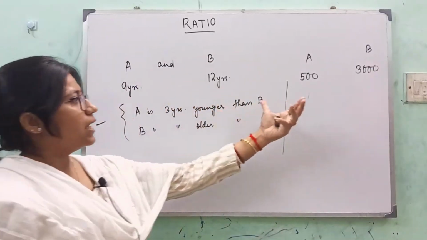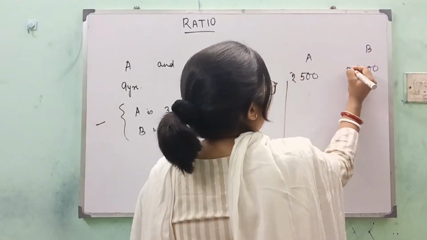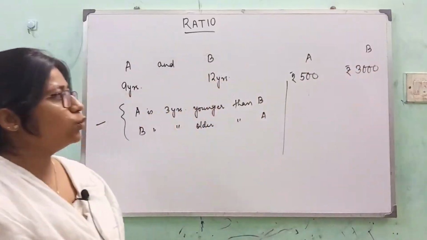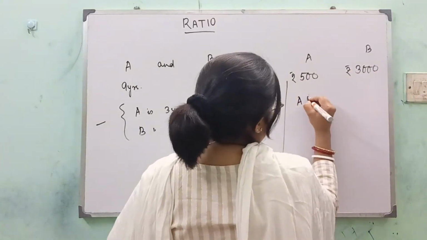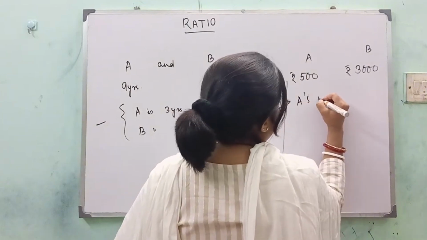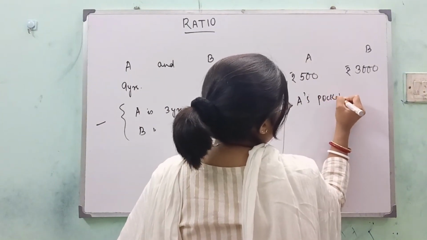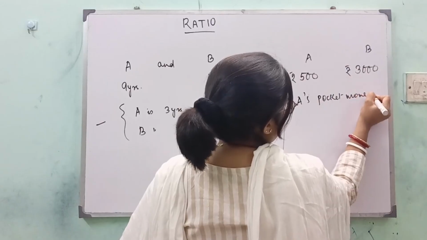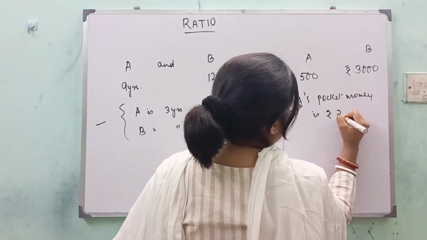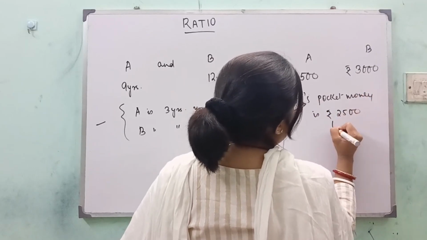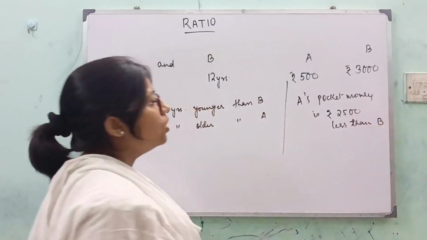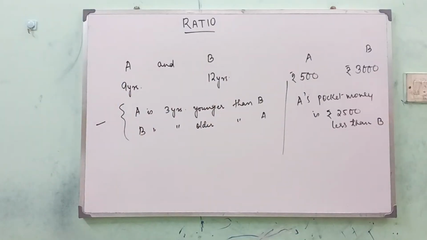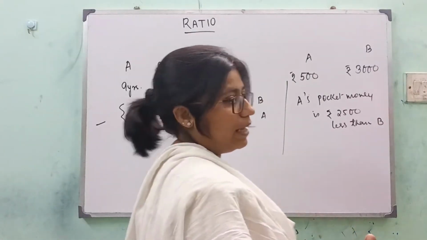So if I say compare the pocket monies of the two people, some will say, ma'am, A's pocket money is rupees 2500 less than B, or you can say B's pocket money is rupees 2500 more than A.